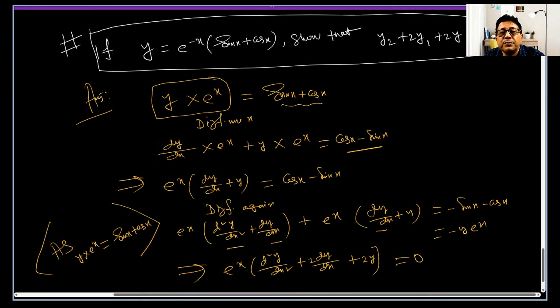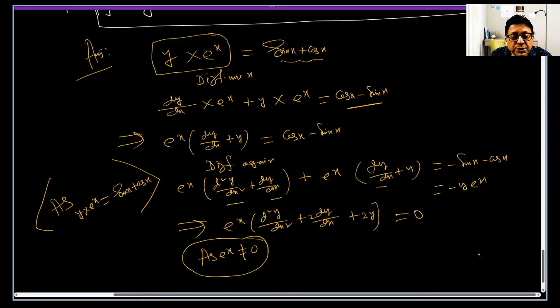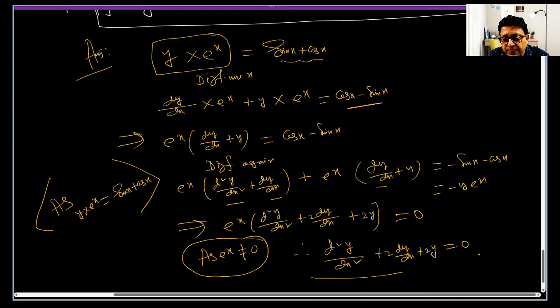See what we have to prove? y2, 2y1, 2y we have got, because e to the power x is not equal to 0, therefore d square y by dx square plus 2 dy by dx plus 2y must be equal to 0. Clear? Understand?